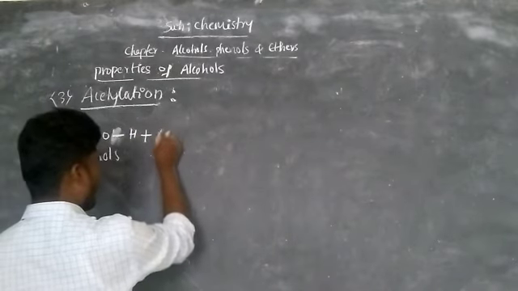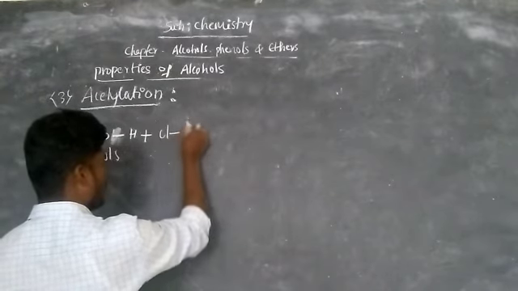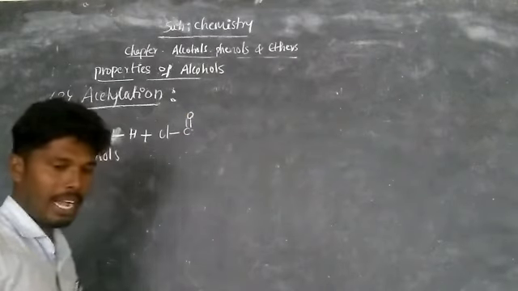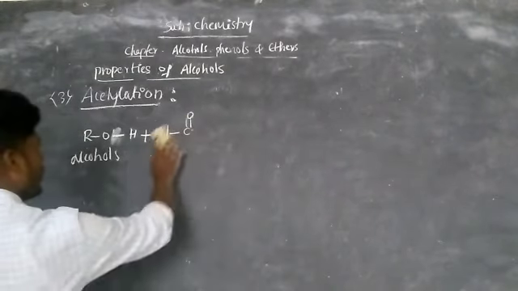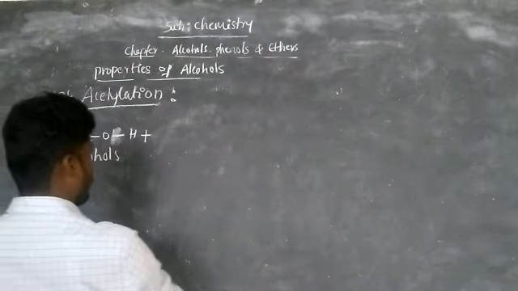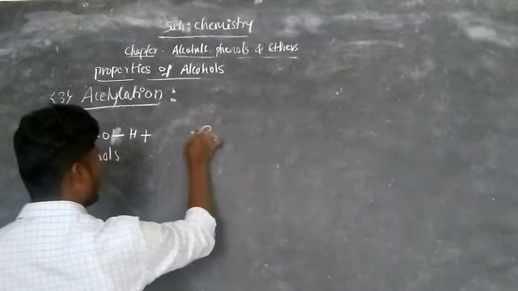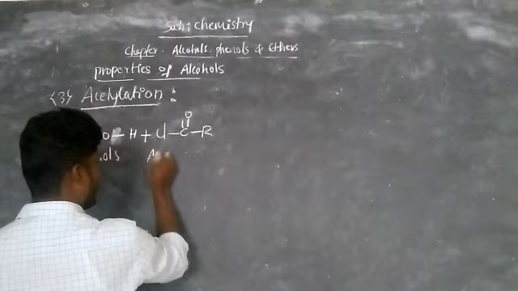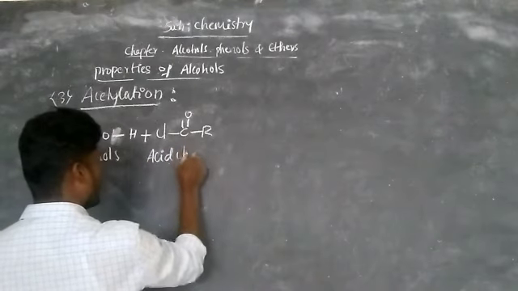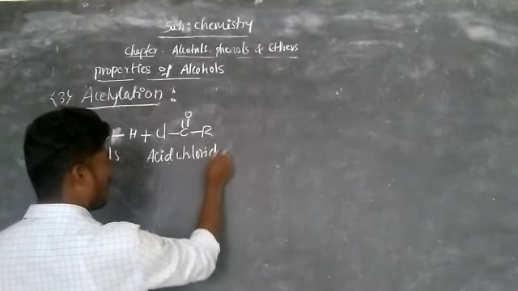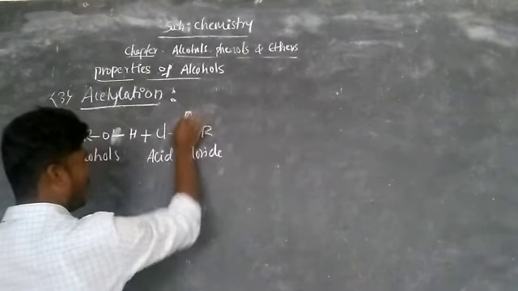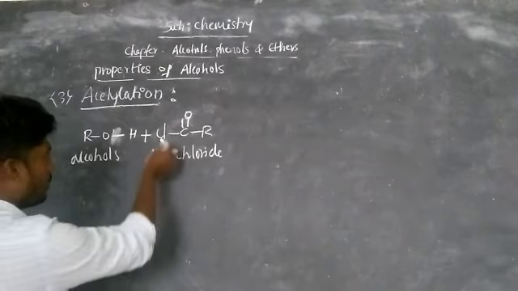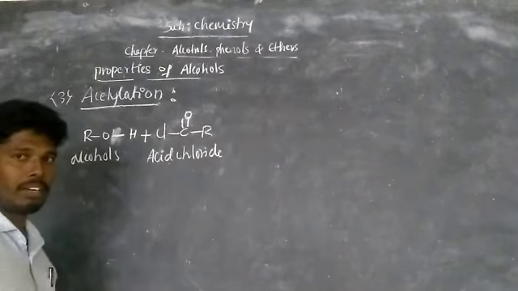Sorry, the acid chlorides are R bond C double bond O bond Cl. This is acid chloride. You can also write R C double bond O Cl in reverse. I am writing it for our convenience.